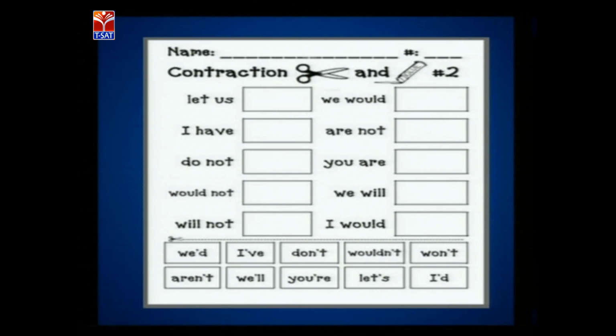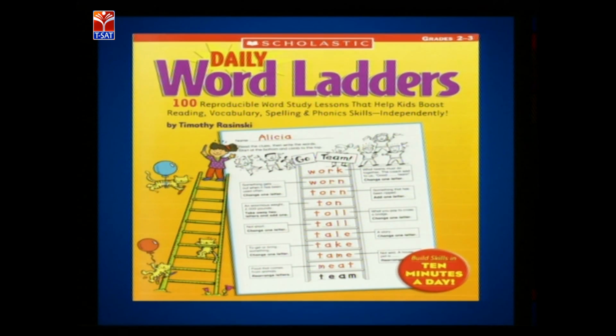Are not, aren't. You are, you're. We will, we'll go. I would, I'd rather say this. So contracted forms also help them learn the expansion forms. Of course, it is a two-way process. They learn both ways.